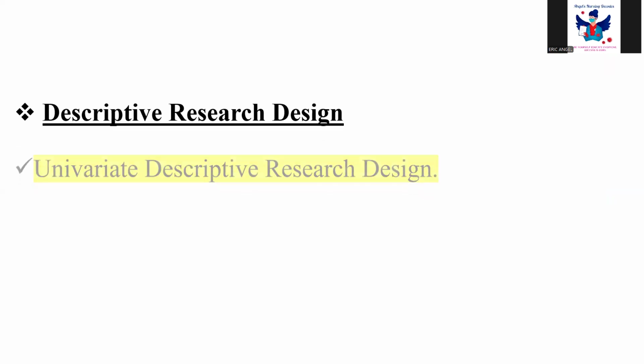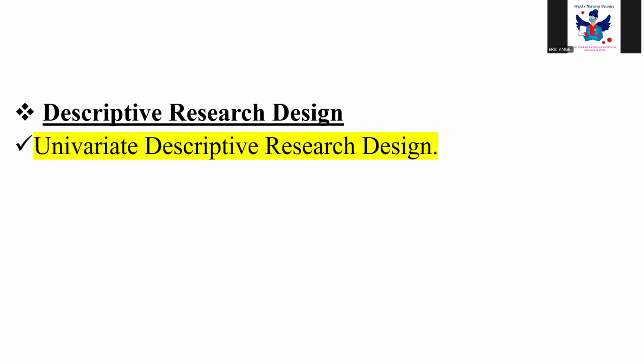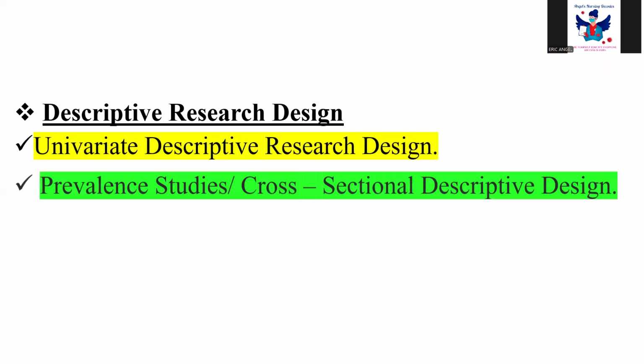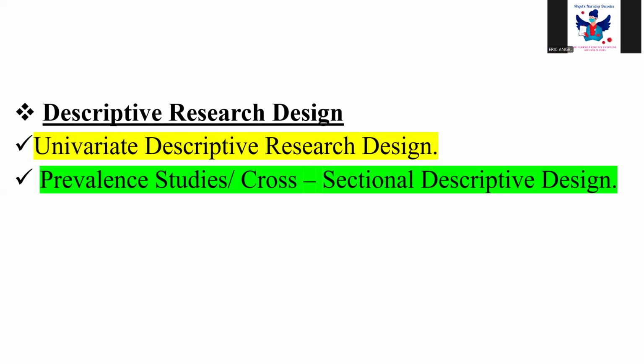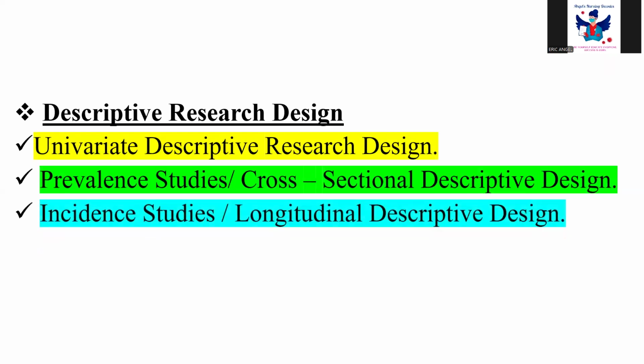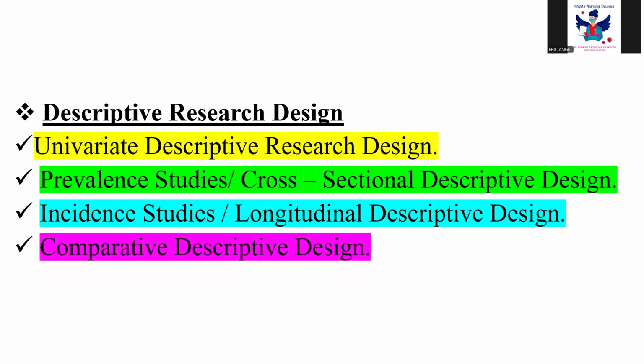Next, let's see about descriptive research design. It is again classified into univariate descriptive research design, prevalence studies or cross-sectional descriptive design, incidence studies or longitudinal descriptive design, comparative descriptive design.